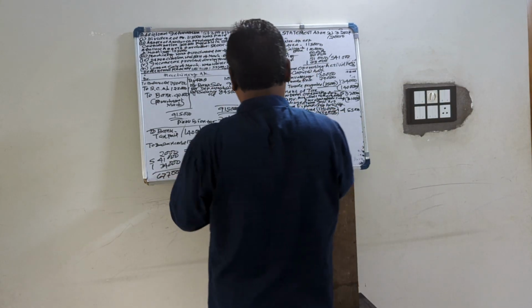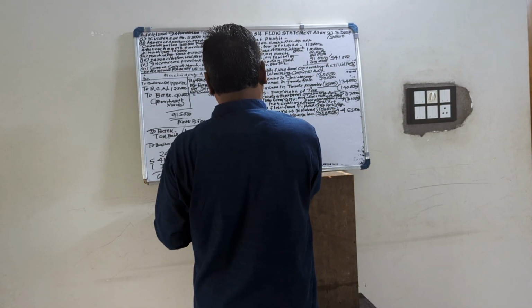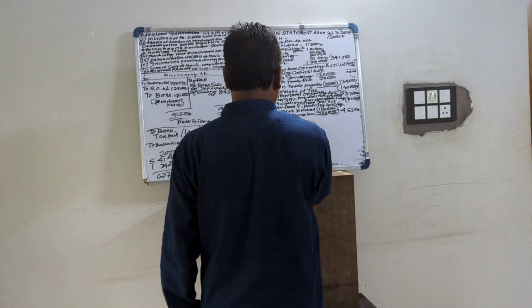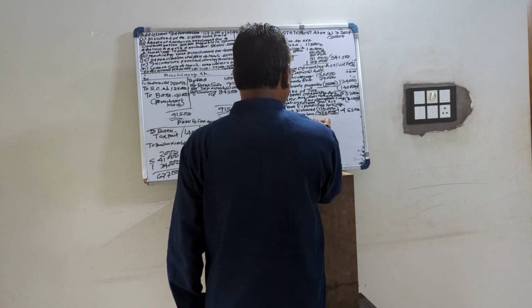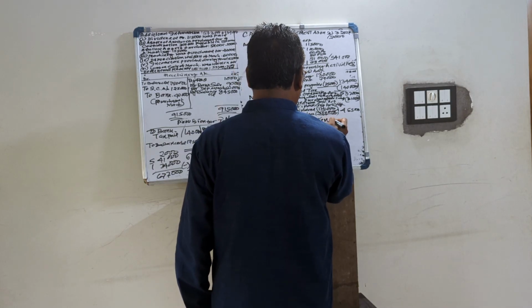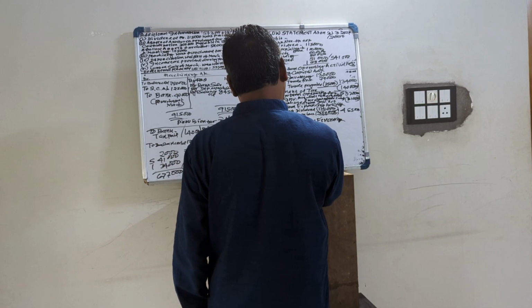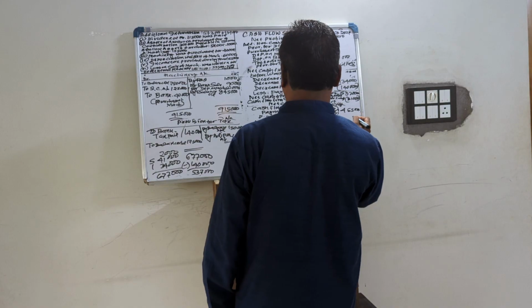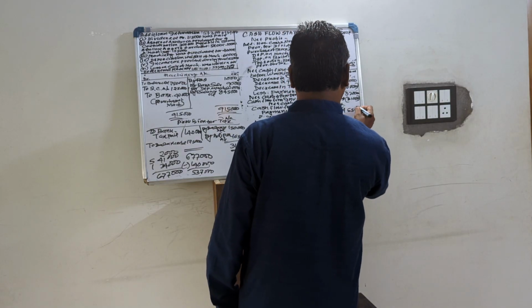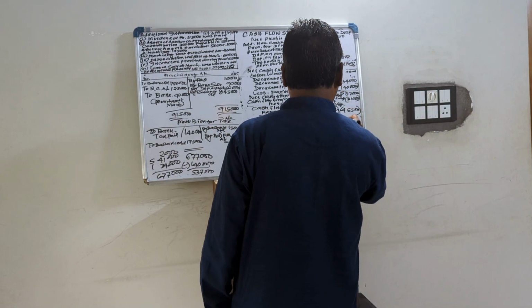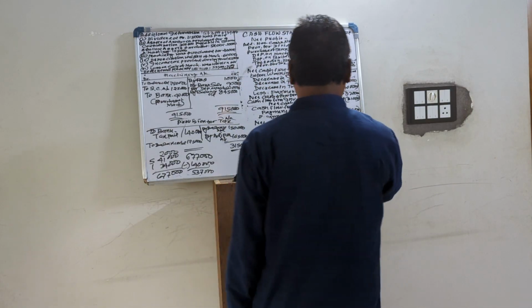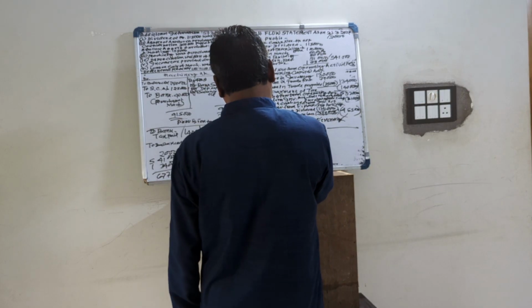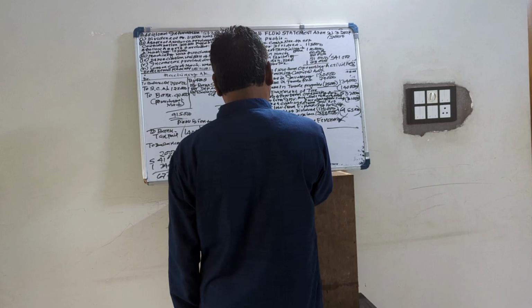So it is net cash used from financing activity, which is minus 4,65,000.